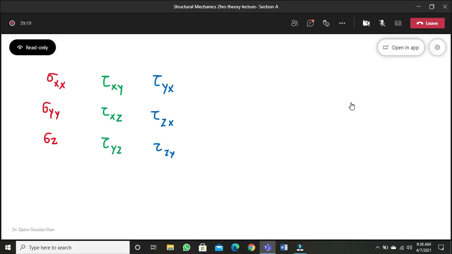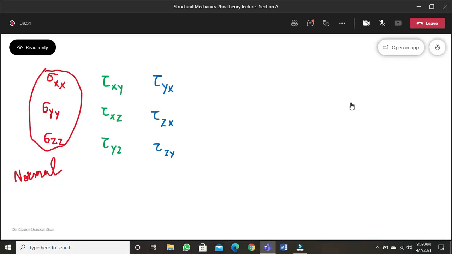Now these ones are my normal stresses: sigma xx, sigma yy, sigma zz. In this case, the plane and the direction are the same, so they will be your normal stresses.